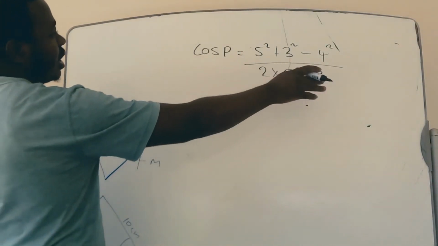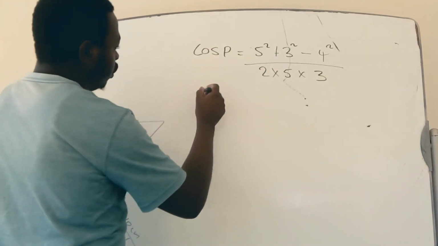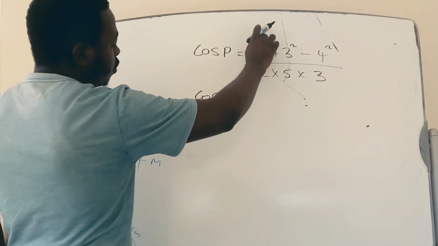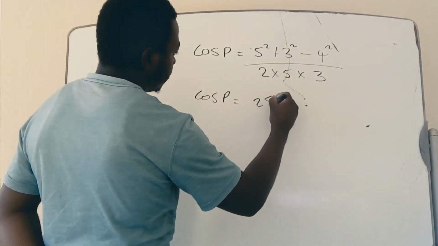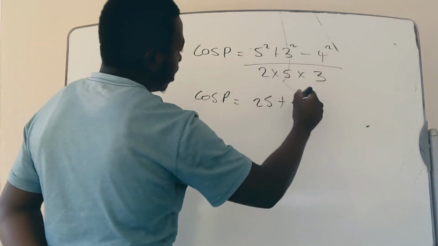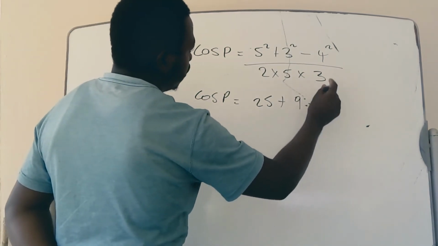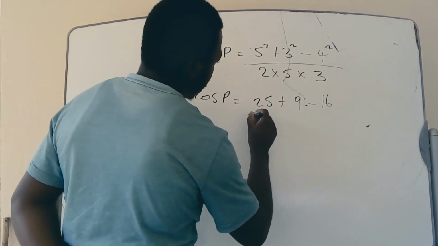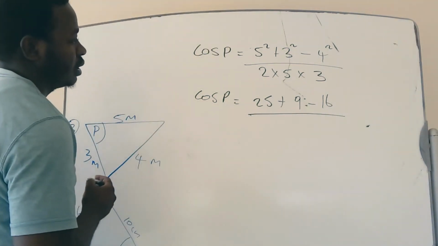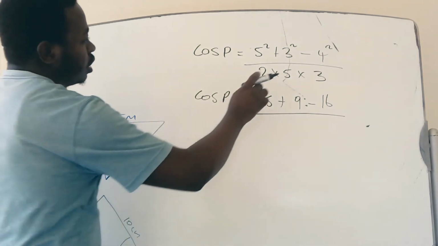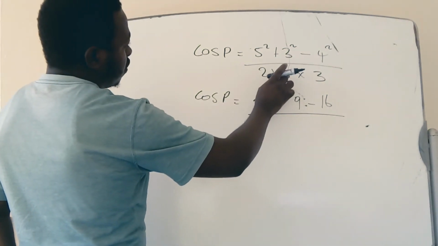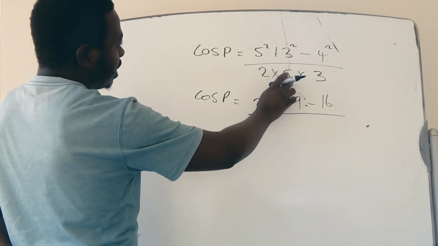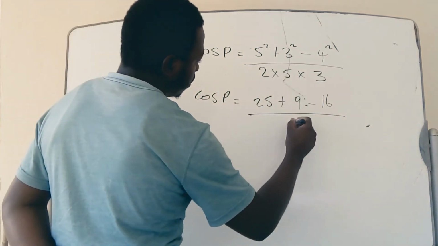You can put that on a calculator in one go, but cos P is equal to 5 squared, that's 25, plus 3 squared, that's 9, minus 4 squared, that's 16. All of that divided by 2 times 5, that's 10, times 3, that's just 30.